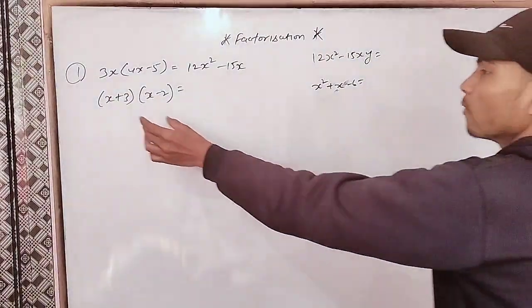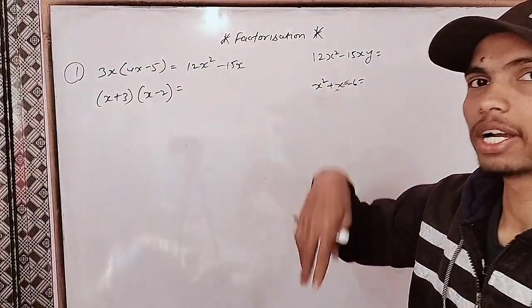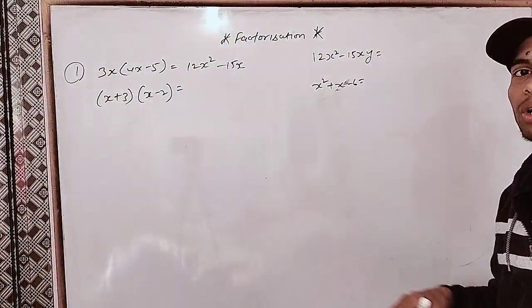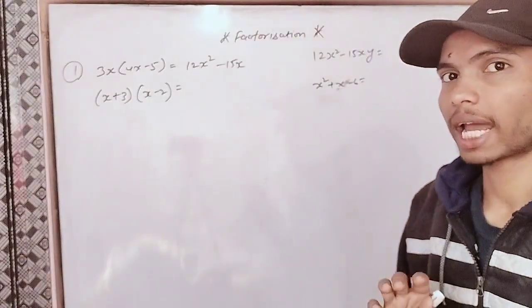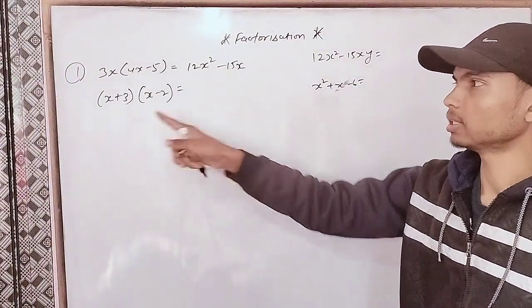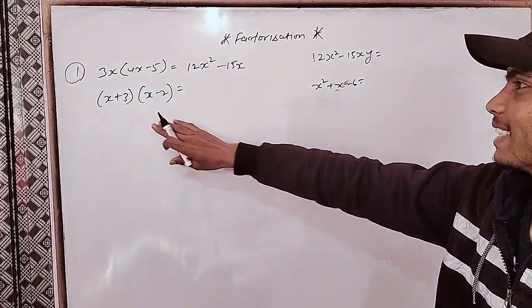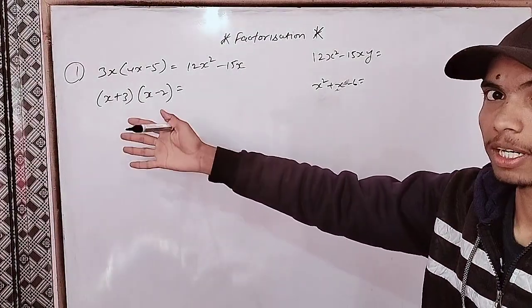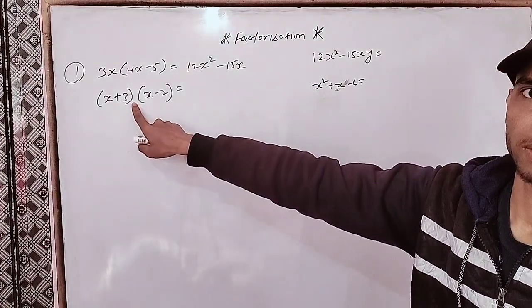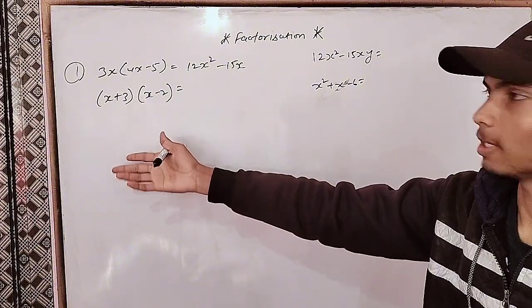So here we already have an expansion. In this case we already have an expansion, and in this case we don't. Here we can factor. Here we can't factor. So here it is just a multiple, because here we don't have any operation, so it is hidden, which is multiple.